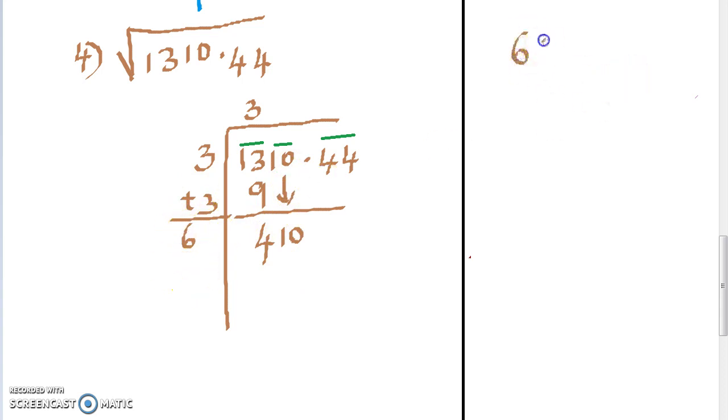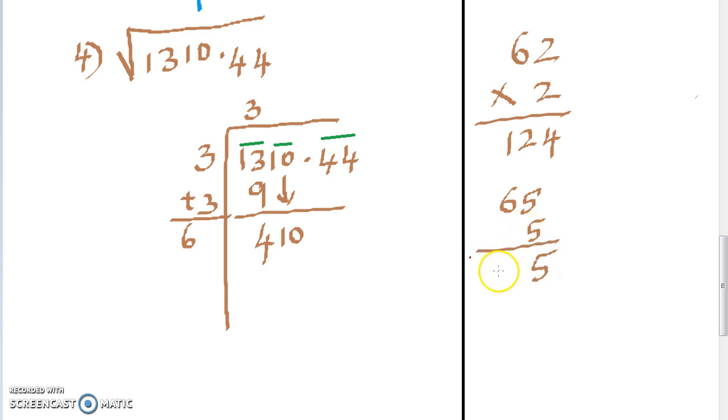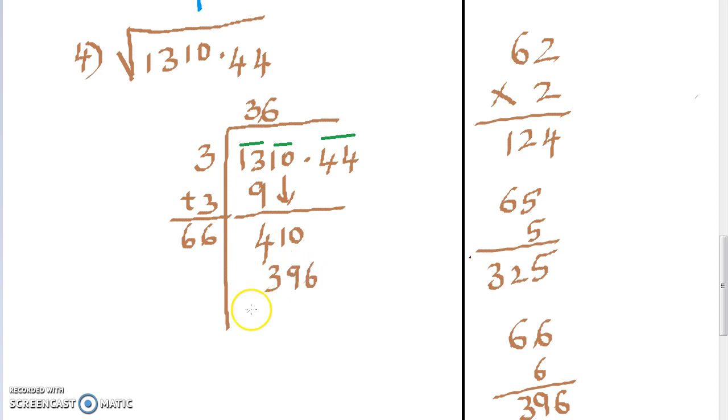So let's take a 62 multiplied by 2. That will give me 124, which is too small. Let's take a 65, which will be 5 times 65, 325. Near, but let's try 66. And that will give me 396, which is pretty close to 410. So let's take a 6 here and a 6 here, which is 396, which gives me a 14 after subtraction.